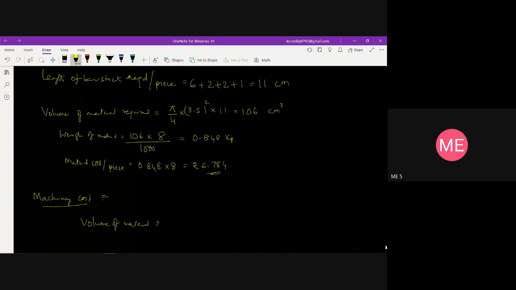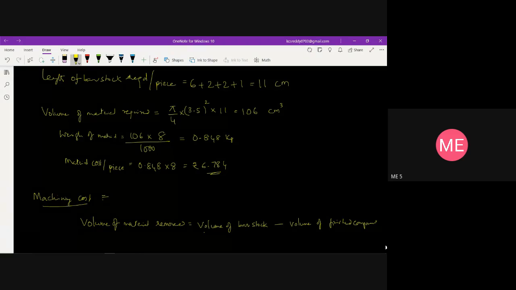The volume of material removed is nothing but the volume of the actual bar stock minus the volume of the finished component. That is the total material which is removed from the surface of the bar stock.